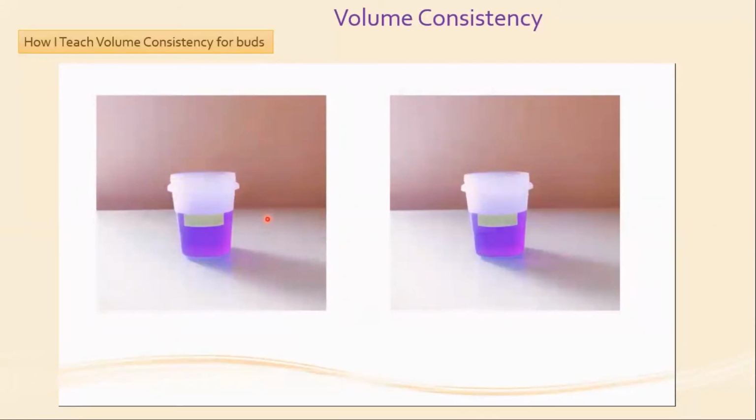Okay, children. What we learned today is that the objects had the same amount of water regardless of which container we put it in. One of them is not going to be more than the other. They are going to be the same.